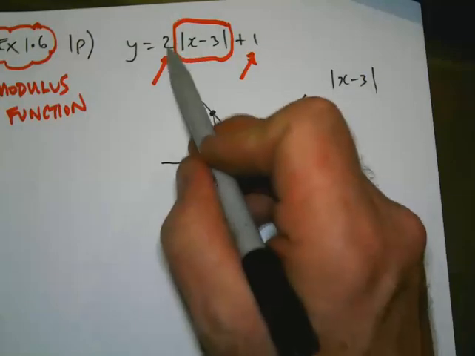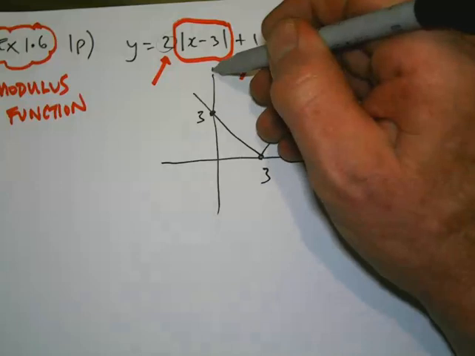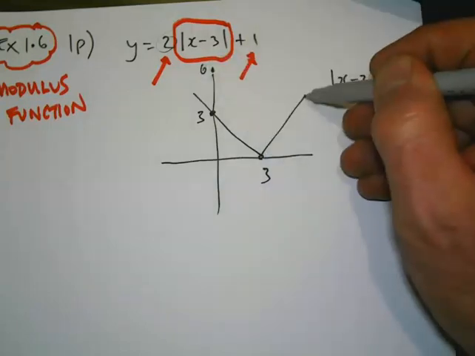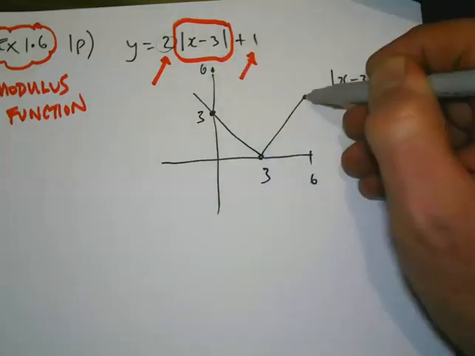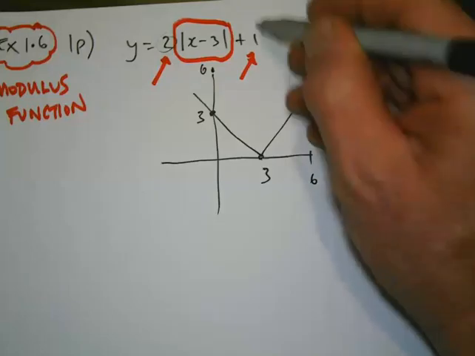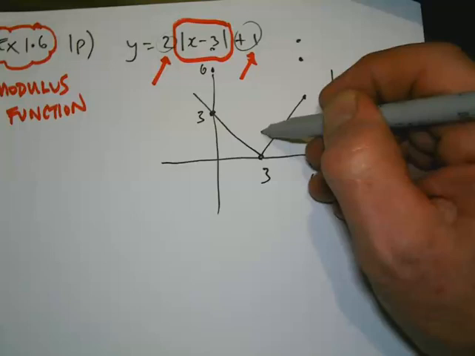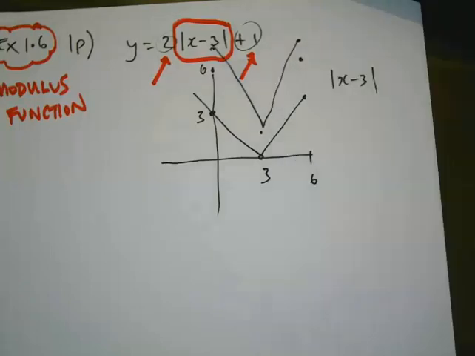It's been dilated by a factor of 2, so that goes up to 6. That point there, which is at 6 and 3, will go up to 6 and 6, and then it's been moved up 1. So 7, and it would end up looking like that.